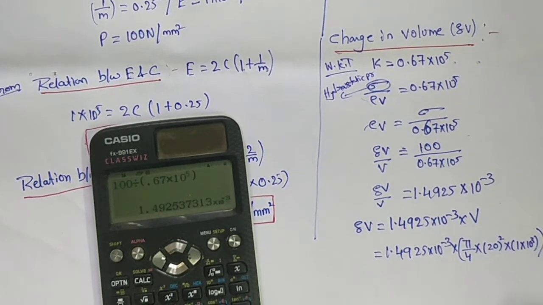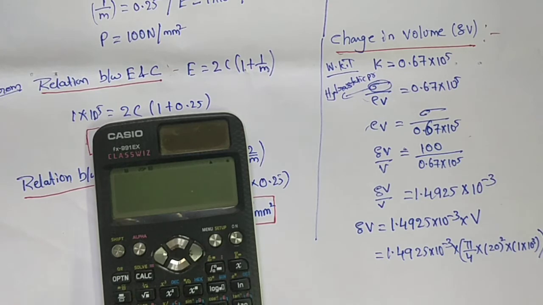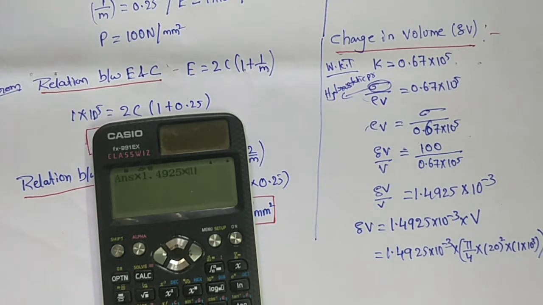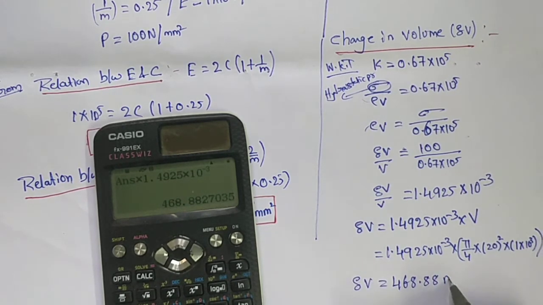By simplifying the above equation, we get the value of change in volume as 468.88 millimeter cube.